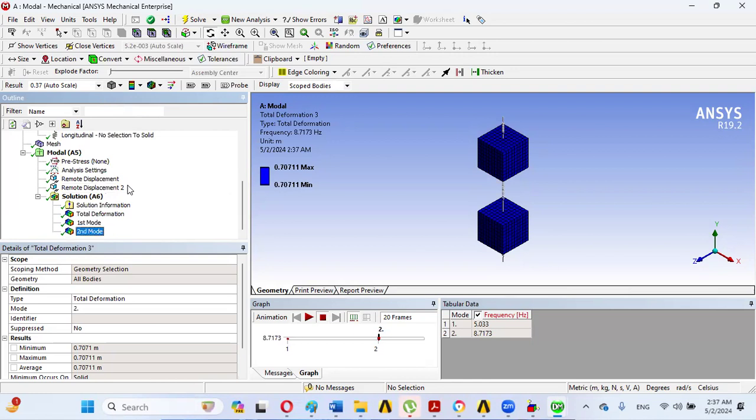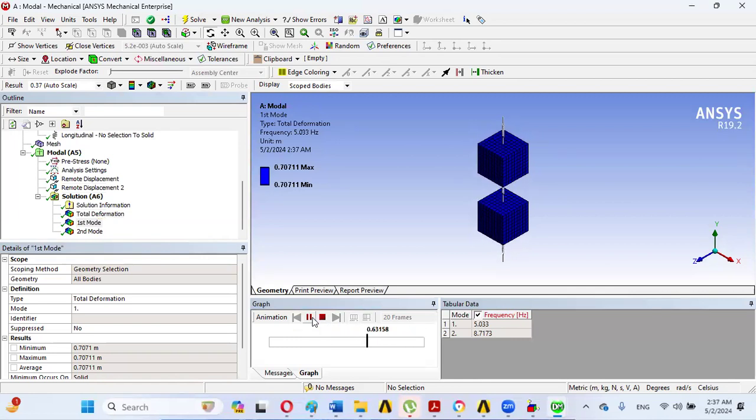So as we oscillate in the first mode, we can observe here in this way both the masses are moving upwards in the same orientation.